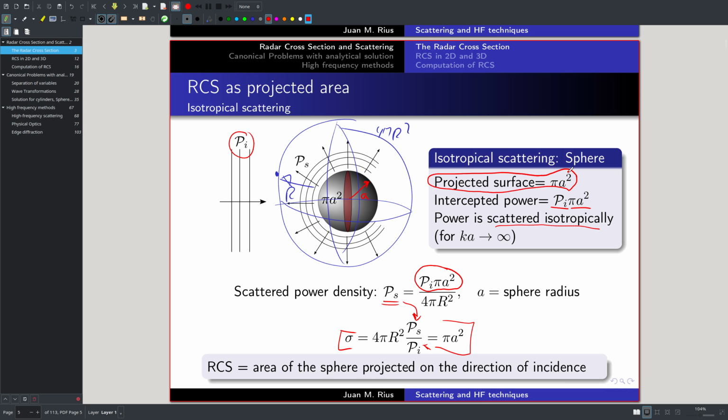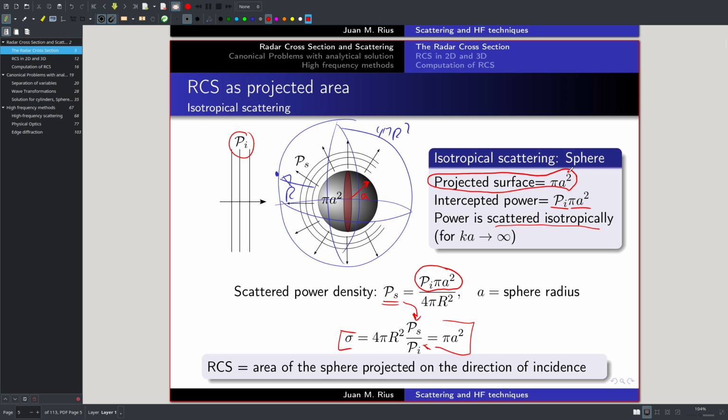And this is only because the sphere scattering is isotropical or almost isotropical, which is the same as the isotropical scattering defined in the definition of RCS.